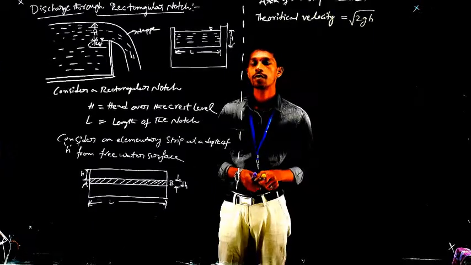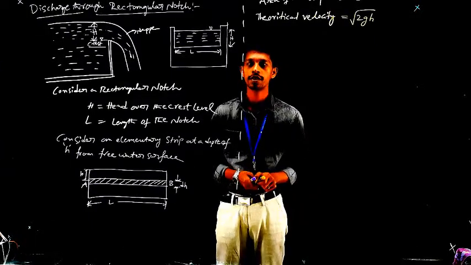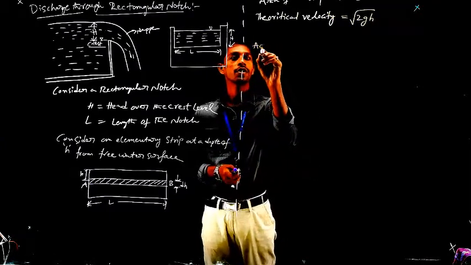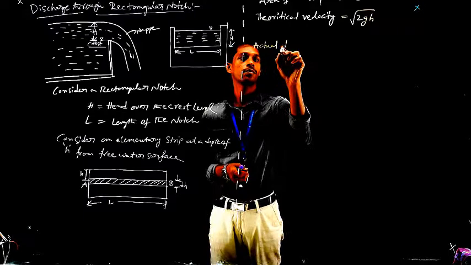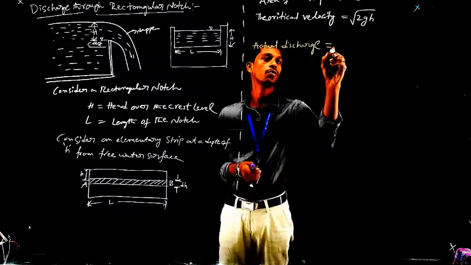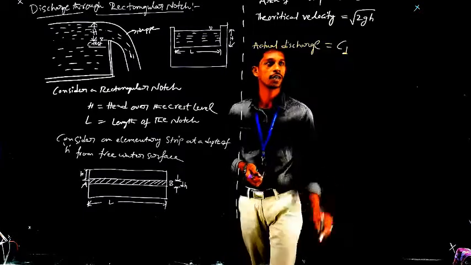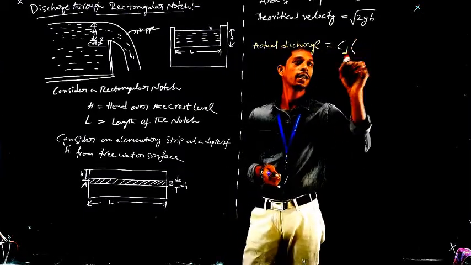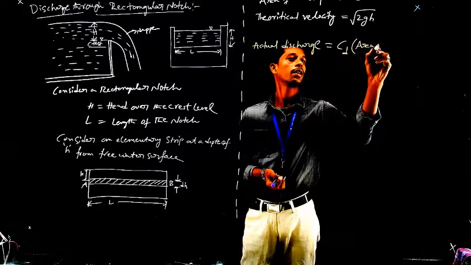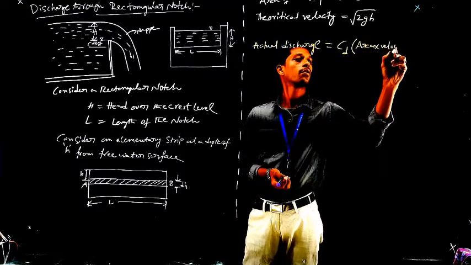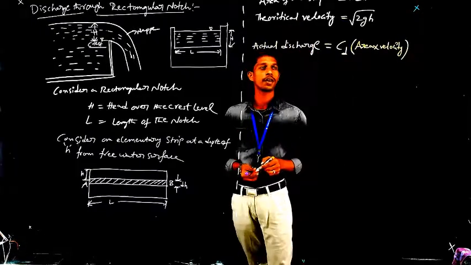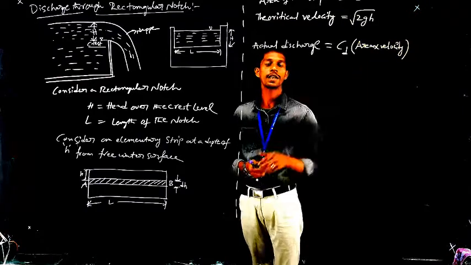Now we have to calculate the expression for discharge, right? So actual discharge is equal to coefficient of discharge multiplied by theoretical discharge. Theoretical discharge will be area into velocity, area of the strip into theoretical velocity.